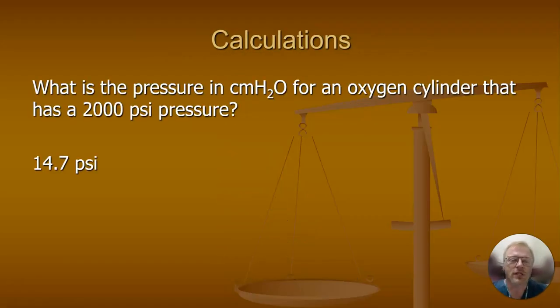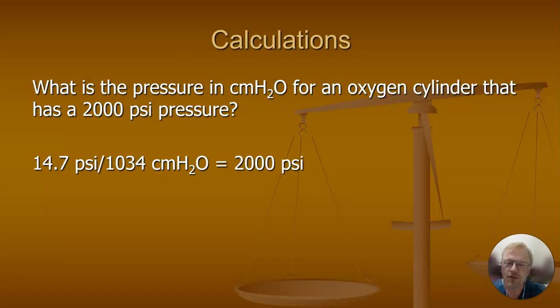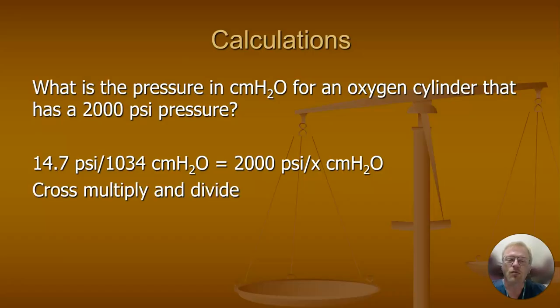So we know that 14.7 pounds per square inch is the same as 1,034 centimeters of water. So if I have 2,000 pounds per square inch, how many centimeters of water is that? So when you set up this equation, you cross multiply and divide.